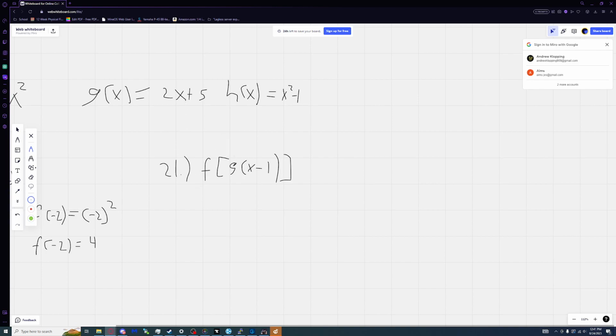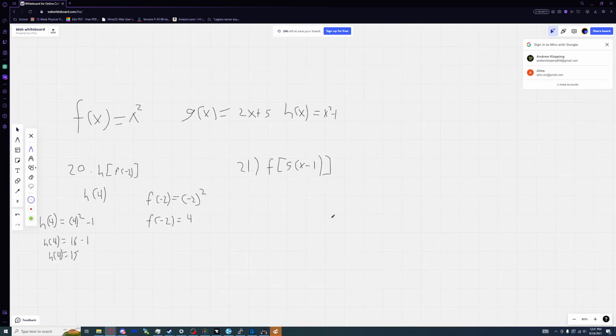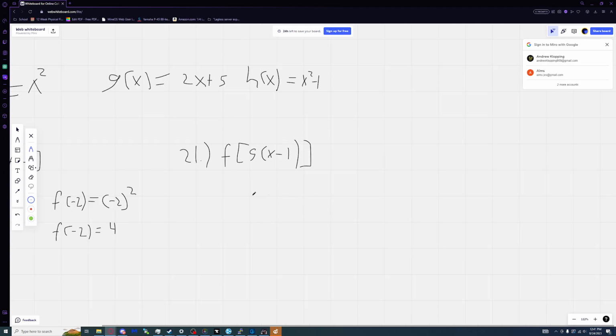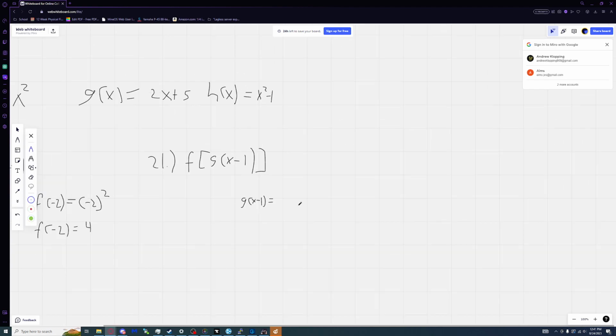So for f of g of x, we're going to have to think of x minus 1 here as a number and not a variable, so we can just plug it in as normal. So first, like last time, we're going to find g of x minus 1. So g of x minus 1, once again, we just plug it straight in.